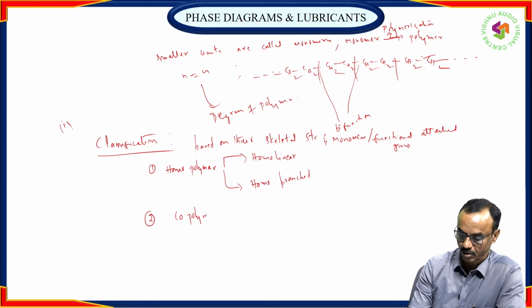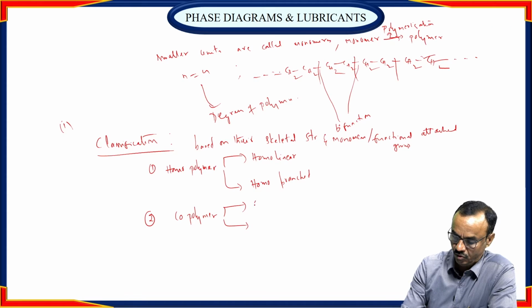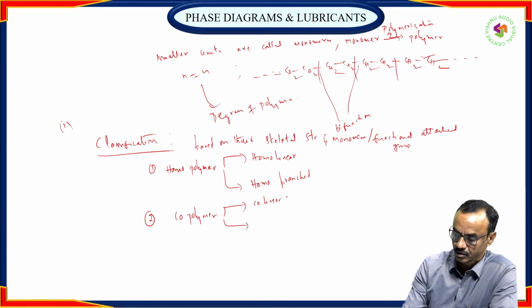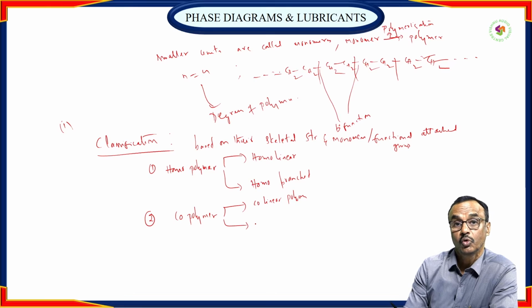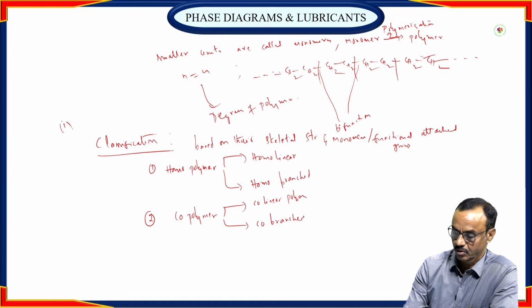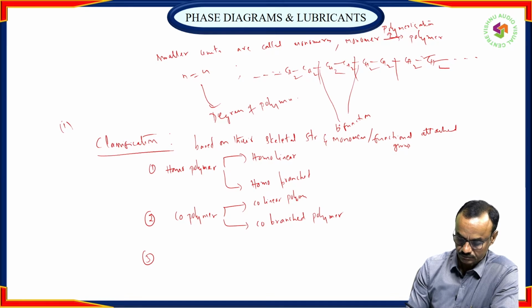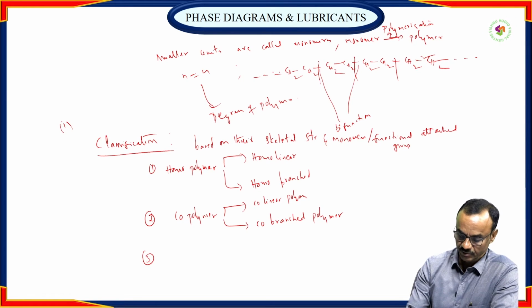Copolymer is also divided into 2: co-linear polymer and co-branched polymer. Third one, graft polymer.